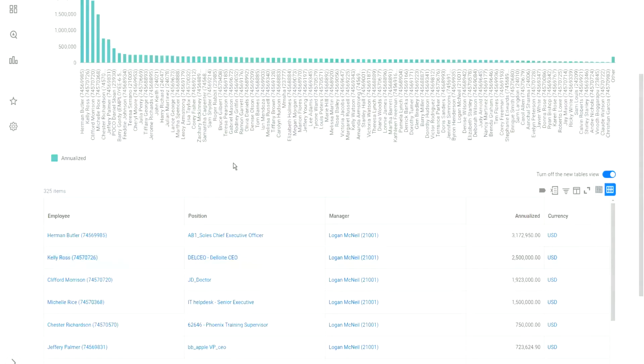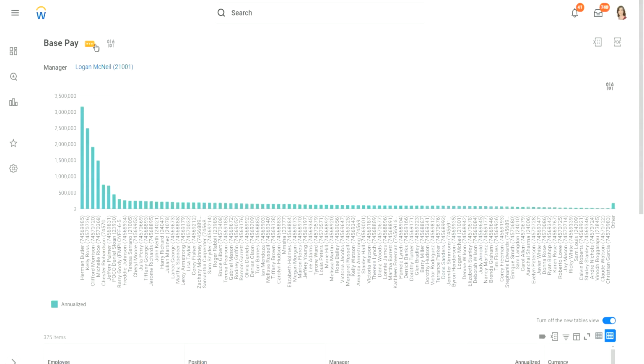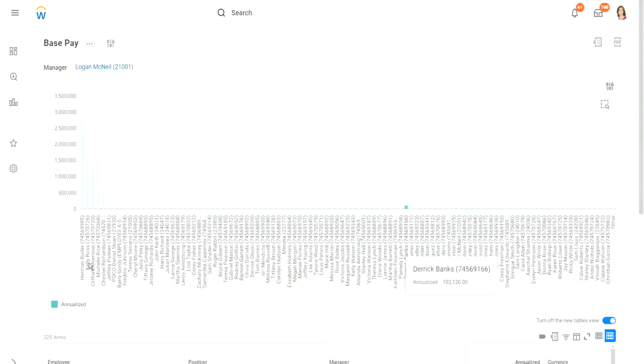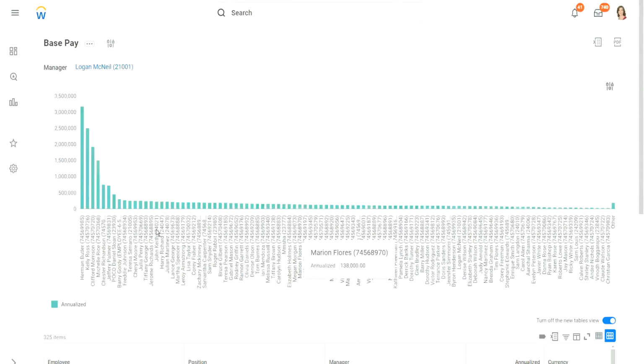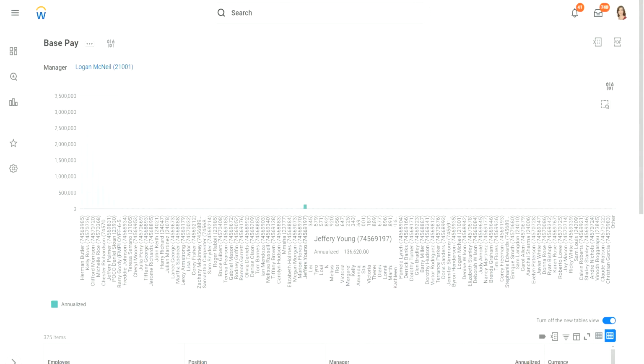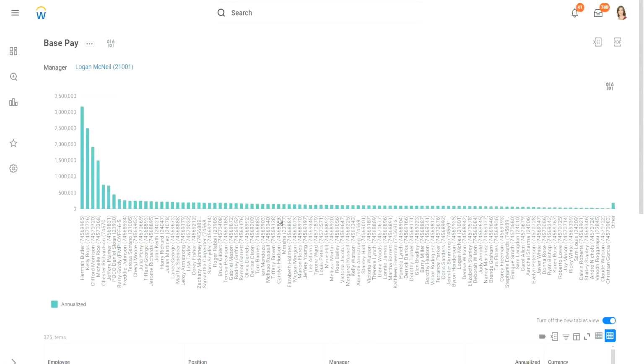So maybe we can take this report. It is already in a good situation and has a lot of interesting information, but maybe we can take it from here and add something to it to better suit our purposes. So we will do just that. But let me show you some more standard reports so that you are able to appreciate the power of Workday.